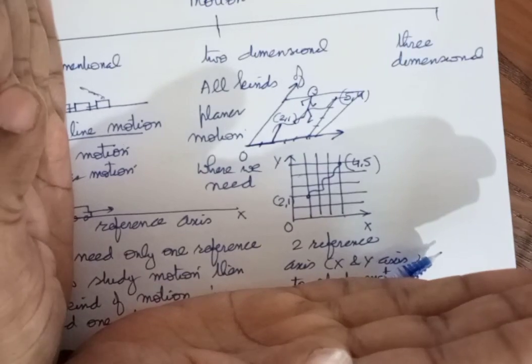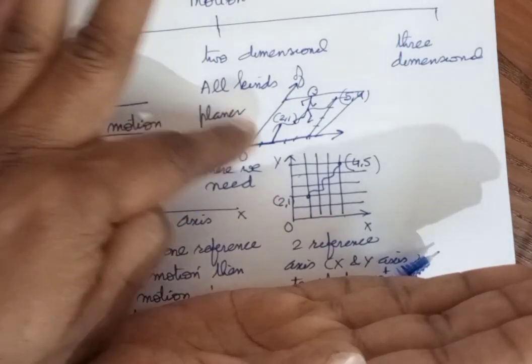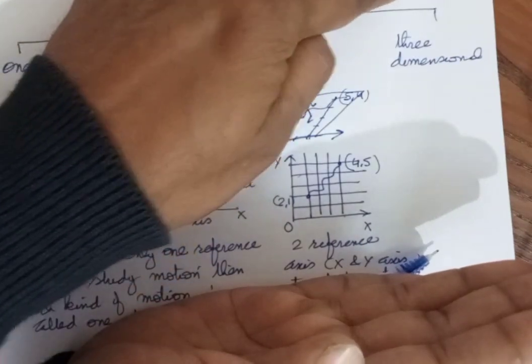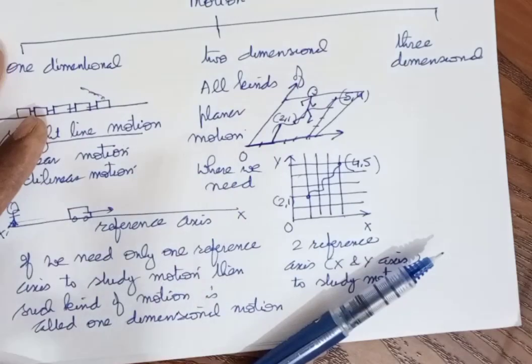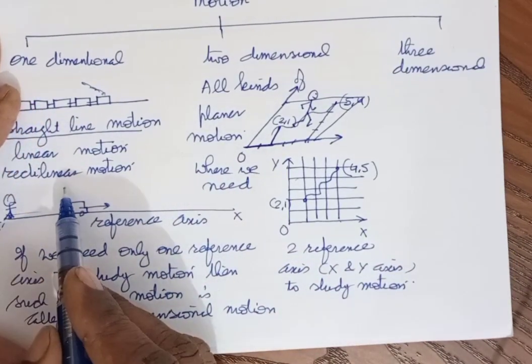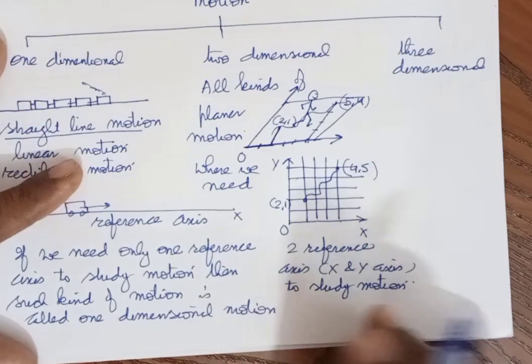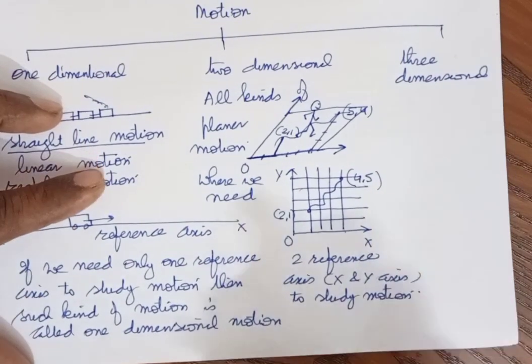Then the motion is curvilinear. If the motion is not in a particular straight line and the path is curved, then we will say motions are of two types. One is rectilinear and the other is curvilinear. So if the path is curved, then we need two dimensions to study it.